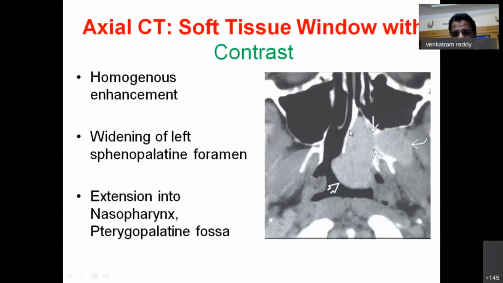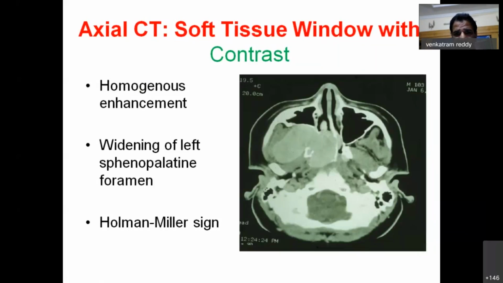So we can see the homogeneous enhancement of the JNA, such a clear picture of homogeneous enhancement and bundle shape in the axial picture. Again, a contrast picture, you can see the same thing, axial CT contrast of JNA.